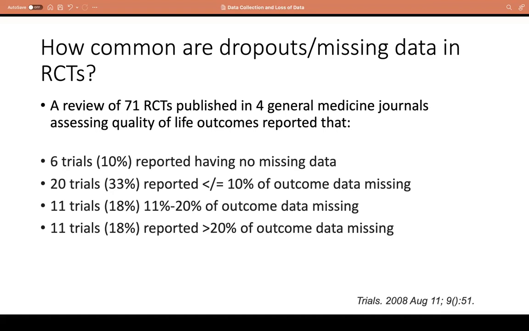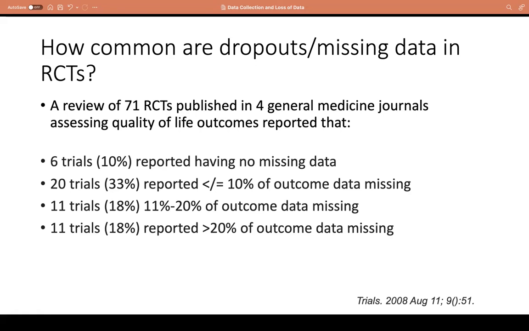But 20 trials, or a third, reported that 10% or less had outcome data missing. And 11 trials reported that between 11 and 20% of outcome data were missing. And then another 11% reported that more than 20% of outcome data were missing.